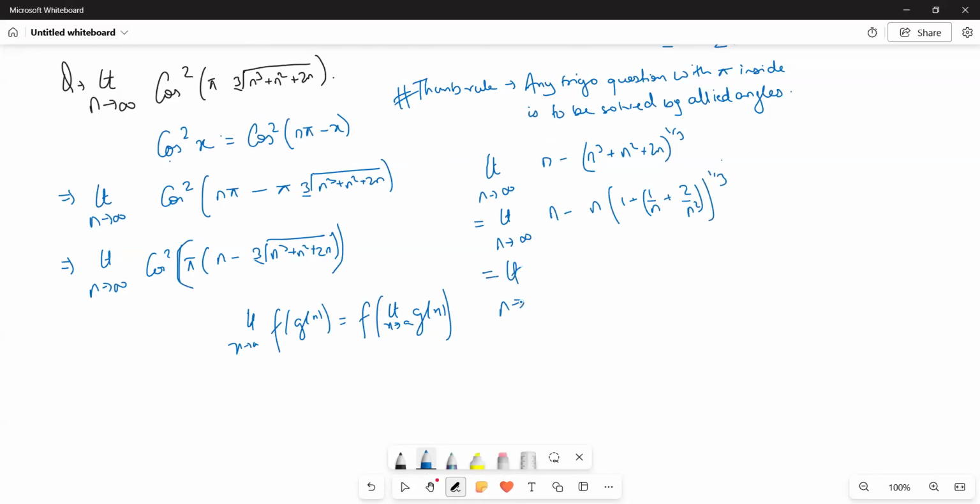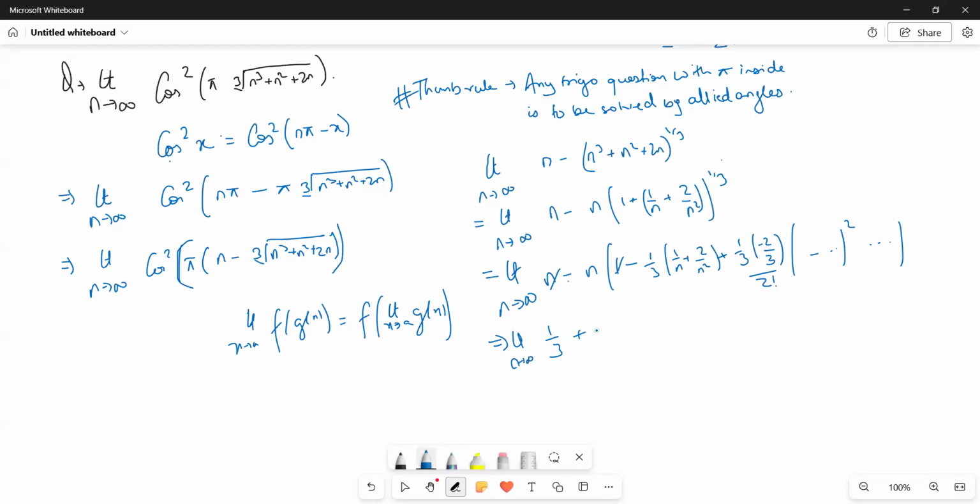And then this would be limit n tending to infinity n minus n times 1, here it is plus, so minus nx, 1 by n plus 2 by n square, plus n into n minus 1 by 2 factorial and so on, which we do not need. The first term cancels off with the n outside, so the first term inside would be, minus minus cancelling, 1 by 3, and n cancels.